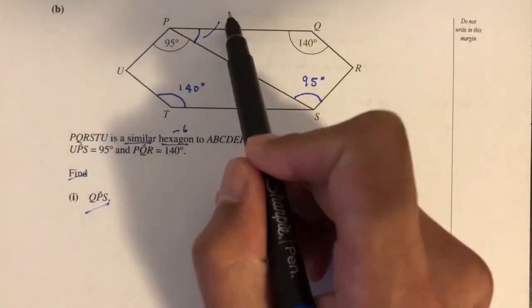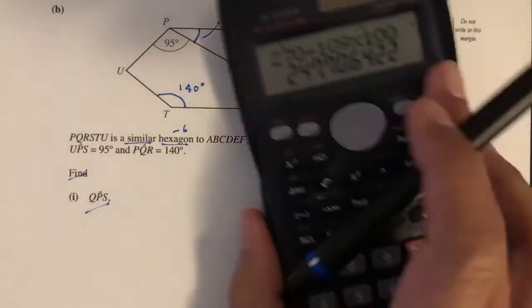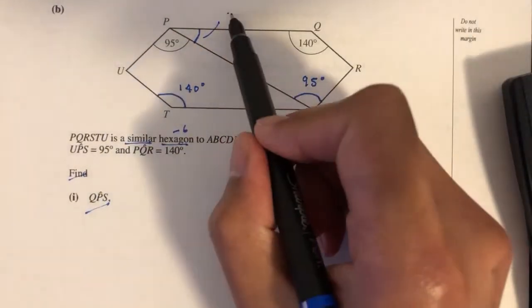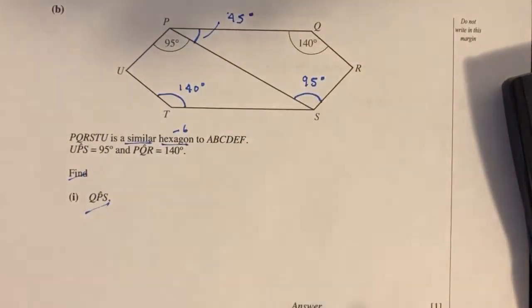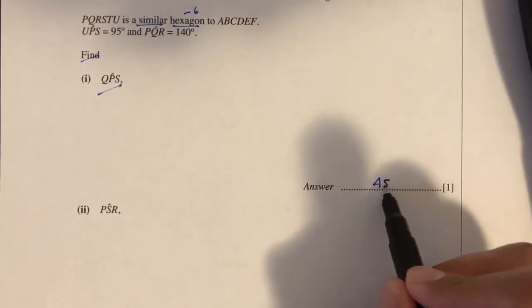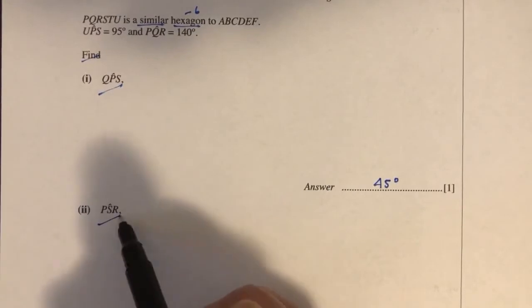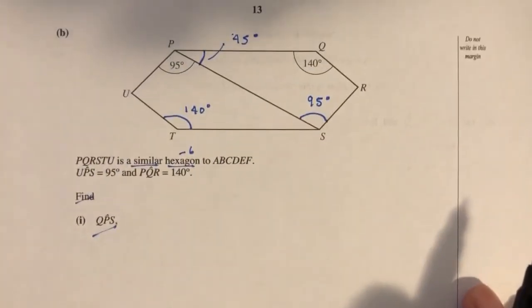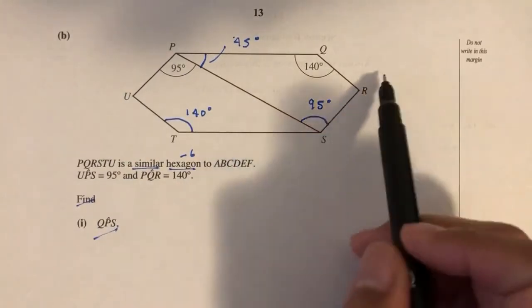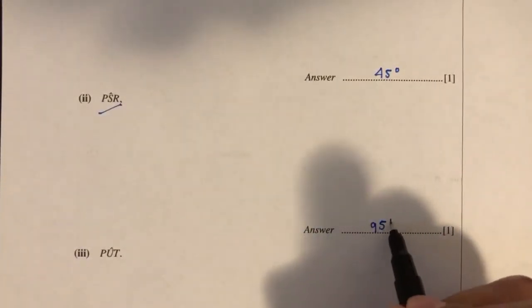So this will be 140 minus 95. Should be 45. So QPS will be 45 degrees. Now PSR, where is PSR? PSR is 95 by rotational symmetry.